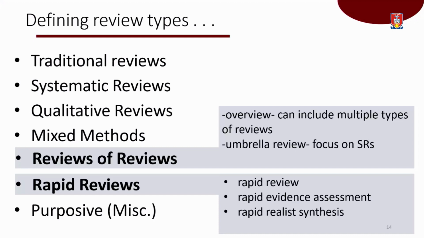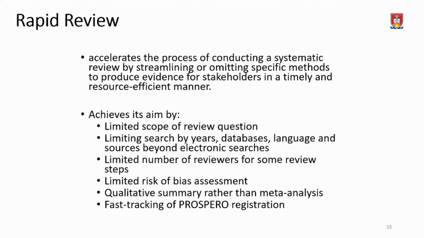For a systematic review, as you see, it takes time. But for a rapid review, it skips a number of the steps to make sure we have a quick answer. So the rapid review accelerates the process of conducting systematic reviews by streamlining or omitting some of the steps, some of the methods that are inherent in the systematic review method.